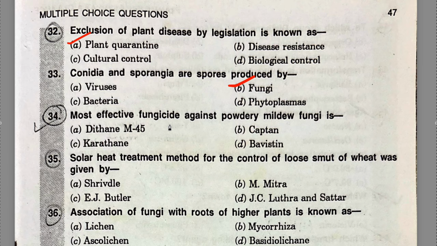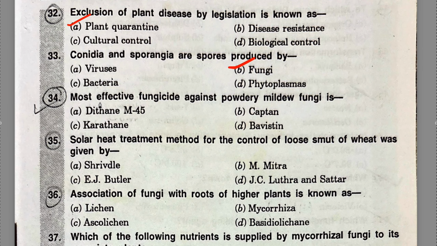This is fungi. 34. Most effective fungicide against powdery mildew fungi is Dithane M45, Captan, Karathane or Bavistin. The answer is Karathane. Okay.